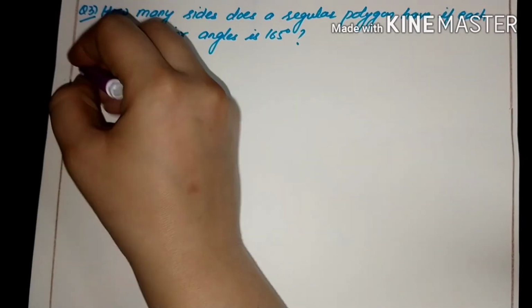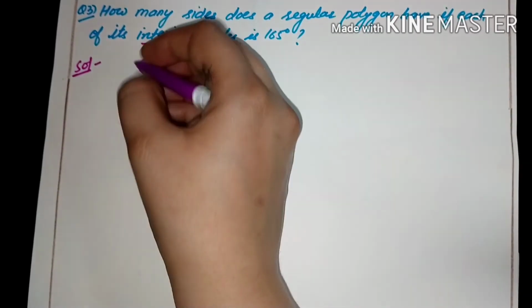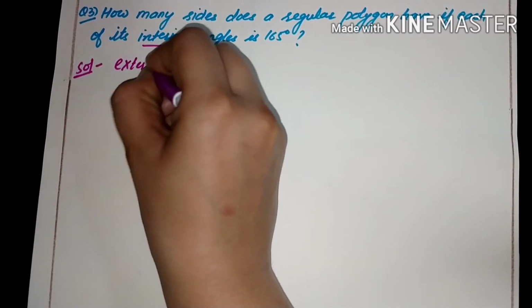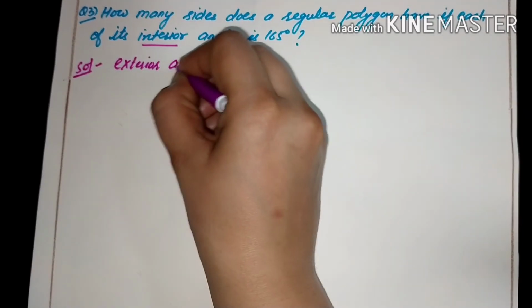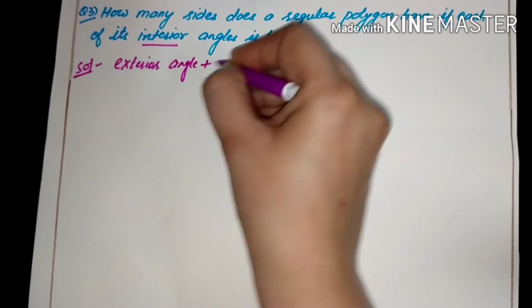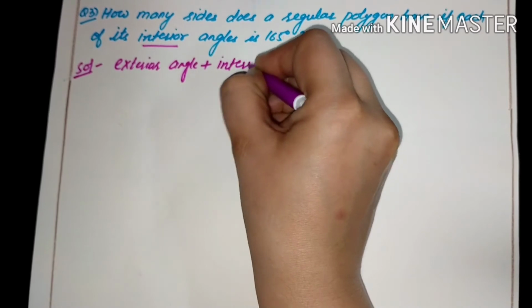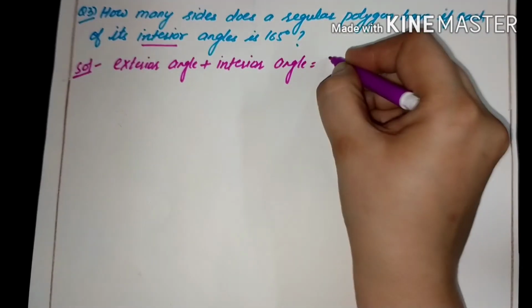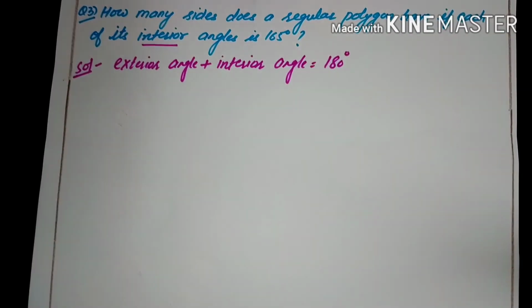So we have to find the exterior angle first. As we know that exterior angle plus interior angle, they are forming a linear pair, so their sum would be 180 degrees.